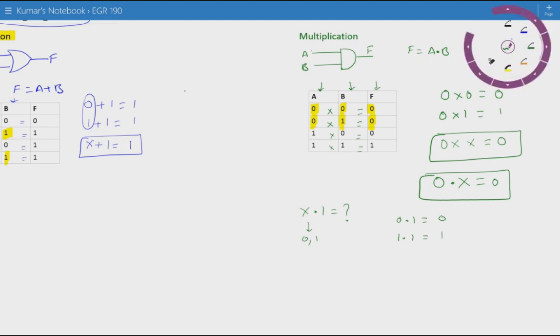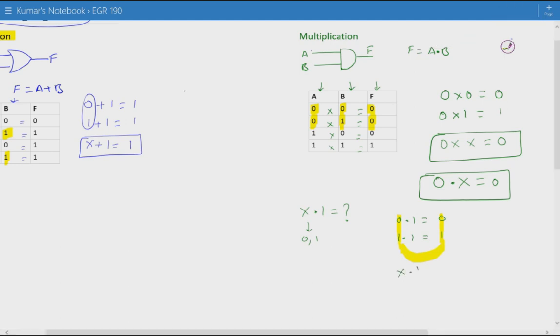So in other words, when we multiply something by 1, that becomes the same as that something. So x times 1 becomes x. That is one property here. X times 1 or 1 times x equals x.